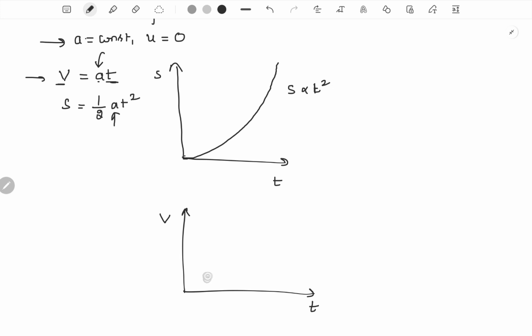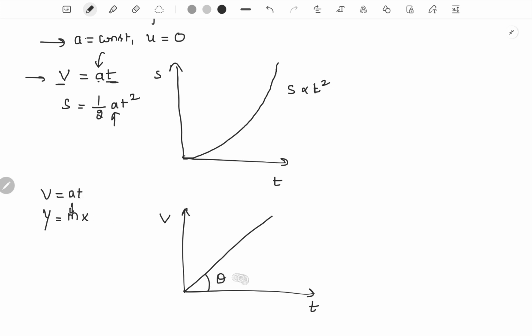Since you have v is equal to at, it's similar to y is equal to mx. In the place of y we have velocity v, and in the place of x we have time t. So the graph would be a straight line, because v and t have a linear relationship.